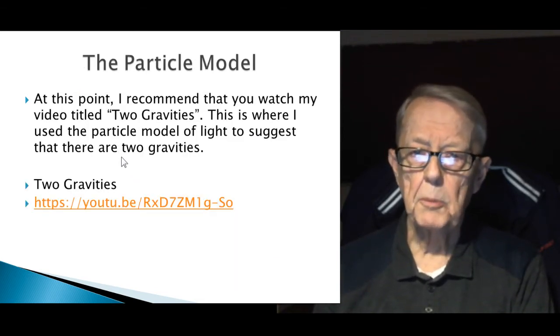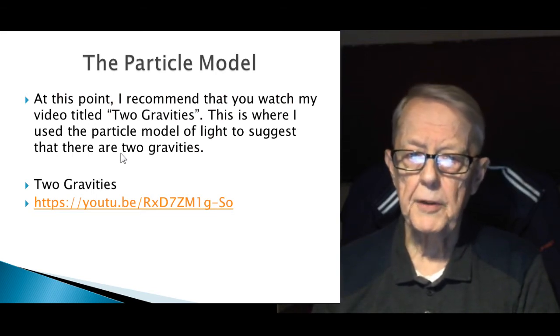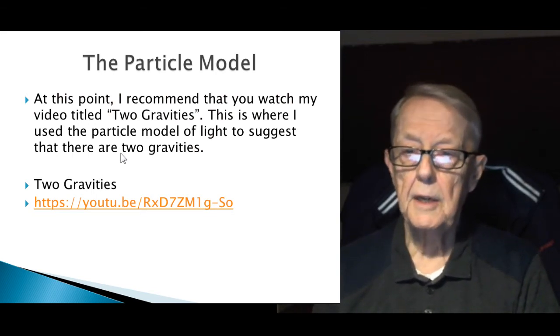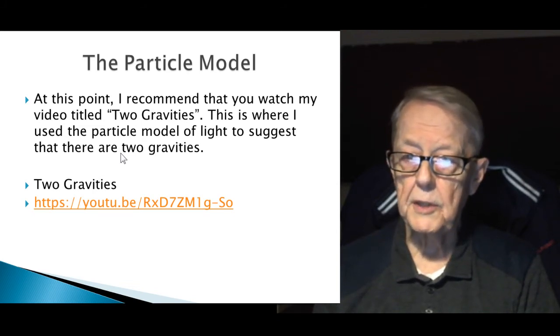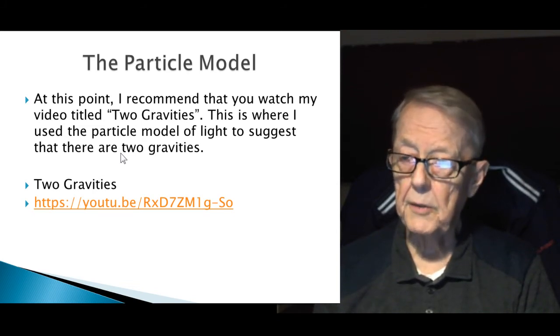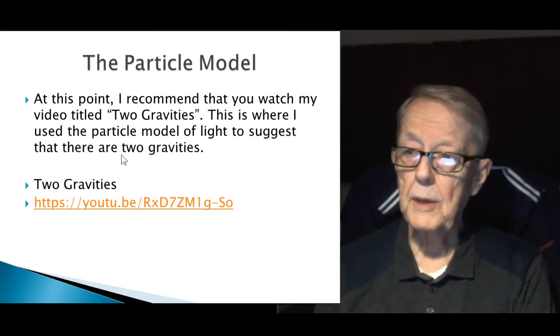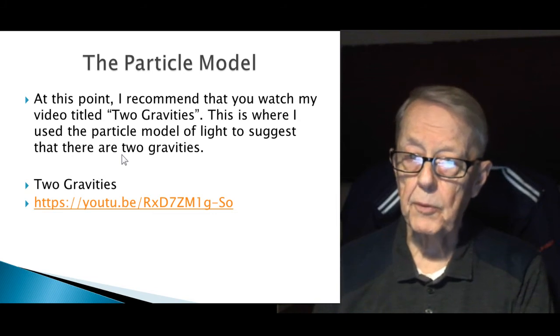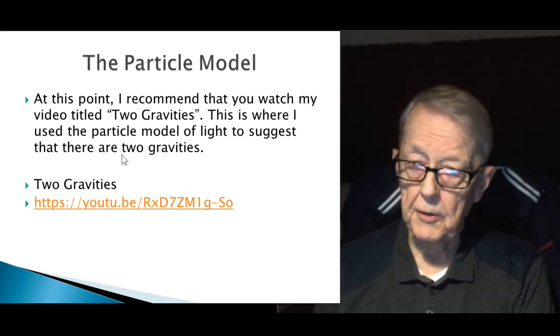Okay, so let's go to the particle model. At this point, I recommend that you watch my video titled Two Gravities. This is where I use the particle model of light to suggest that there are 2 gravities. In other words, there's a point at which I looked at refraction and concluded there's a second gravity.